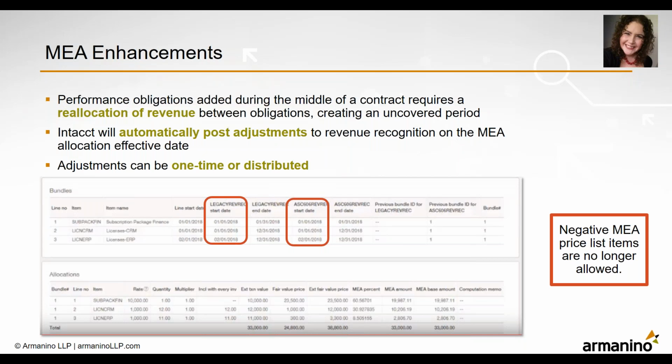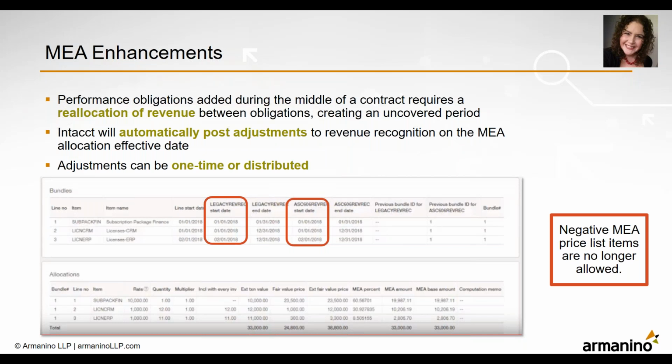Now, when you have a contract with either only one line item or you have added an additional line, the system will post an entry on that date of the second time period, reverse all revenue that has been recognized to date, and then repost the revenue that has been reallocated amongst the various performance obligations.